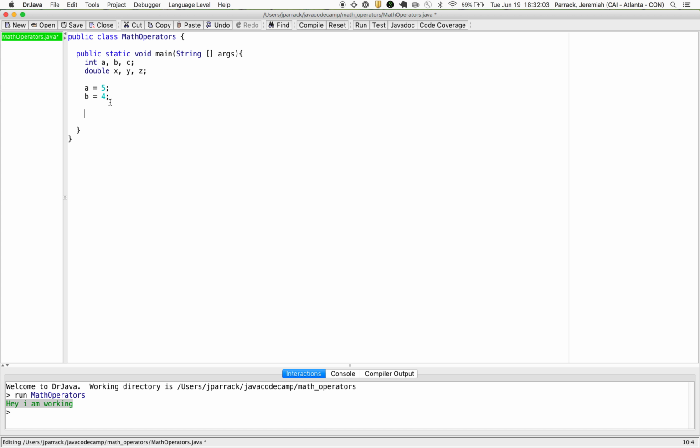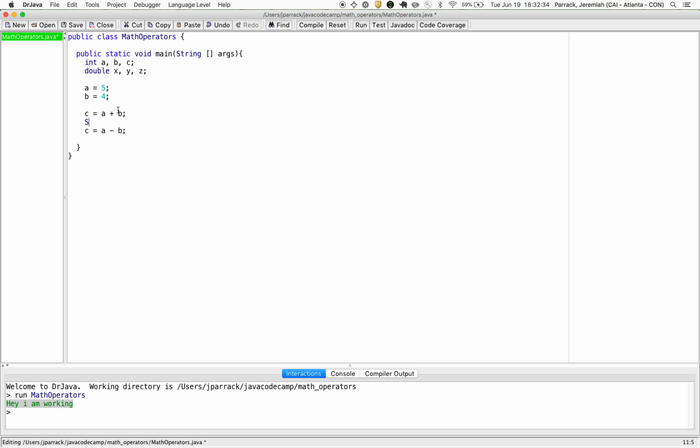Plus and minus are pretty straightforward, so we'll say C equals A plus B, and this would give you the value that you would expect. It's going to give 9. Also, we can do C equals A minus B, and this will give you what you expect. It's going to give you 1.